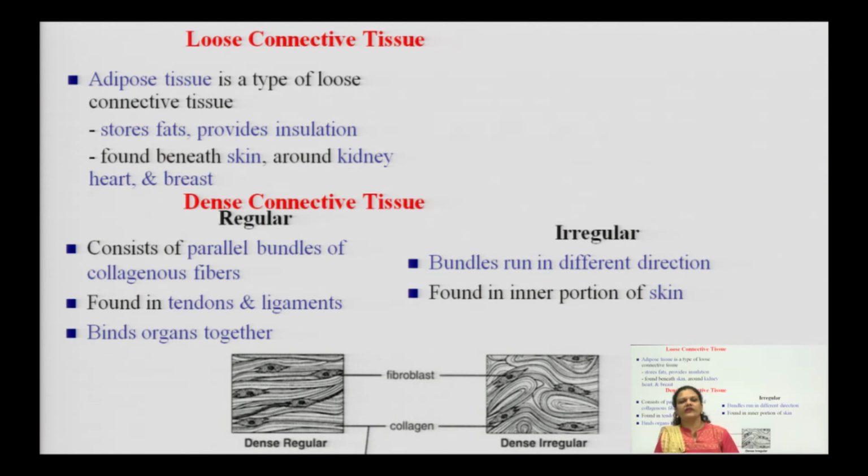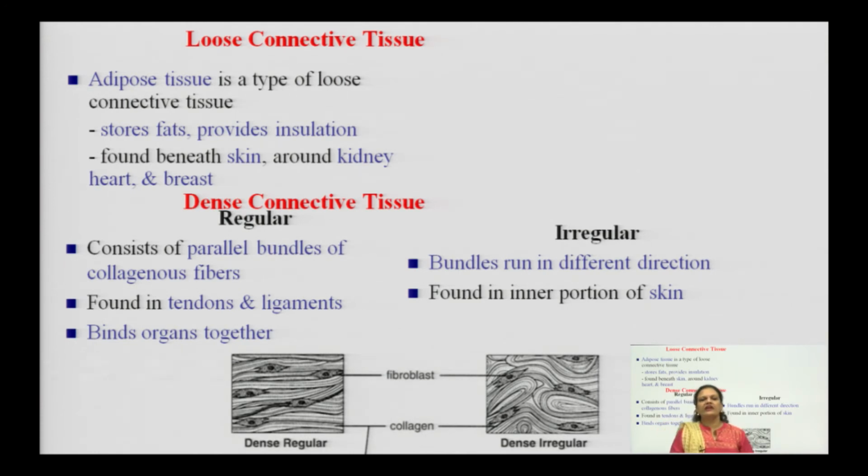In case of regular dense connective tissue, the cells are arranged in an aligned manner, with parallel bundles of collagenous fibers. These are found in the tendons and the ligaments of our bony structures, and these bind several organs together.